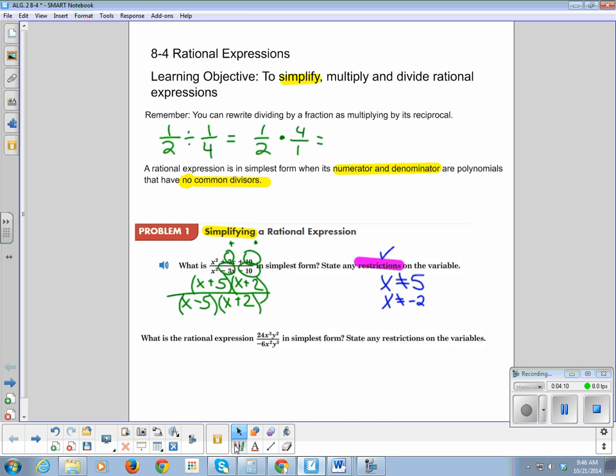So I can say x plus 2 divided by x plus 2 is going to be 1. Then I can rewrite this as x plus 5 over x minus 5. And then I'm in simplest form. My numerator and denominator are polynomials that have no common divisors. Check. I'm in simplest form.